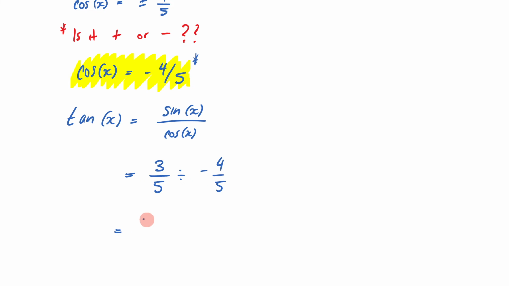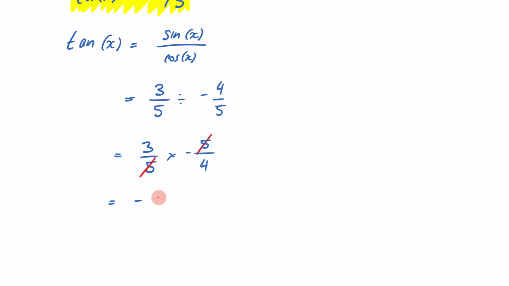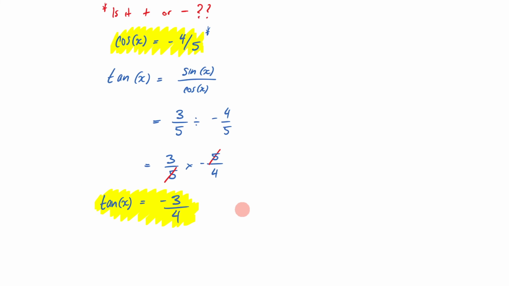Then remember, stay, change, flip. Now we can cancel. This will cancel with that. And what we're going to end up with is negative 3 on 4 is my tan of x value. Let's give that a highlight. Perfect. And that's how you answer that question.